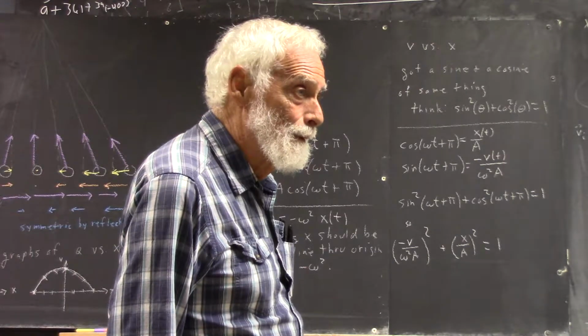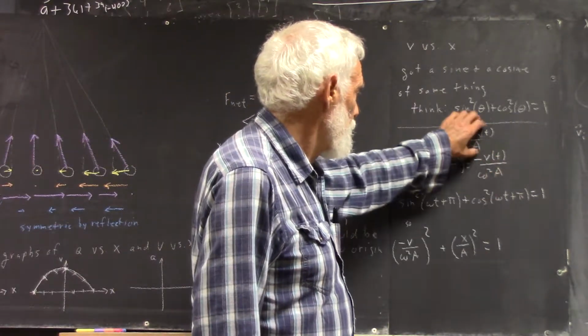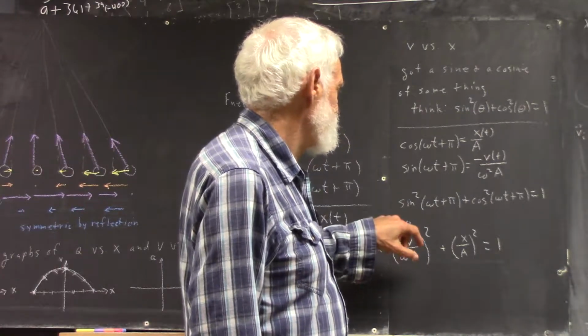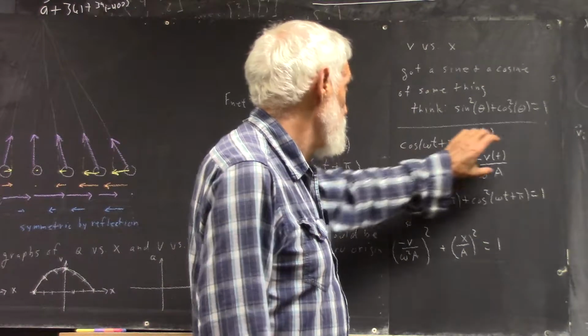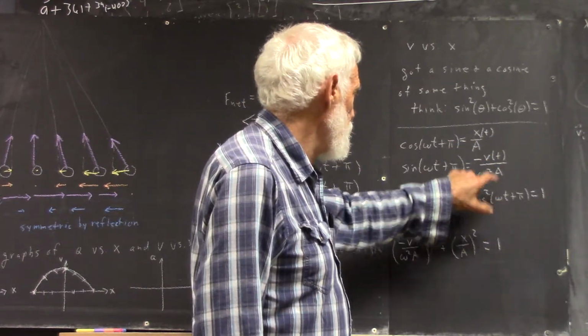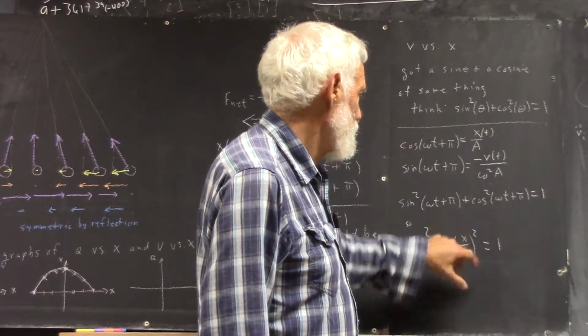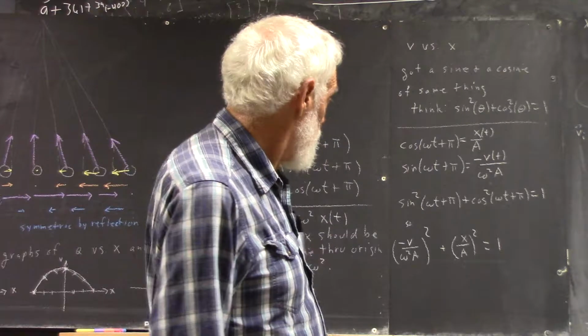Okay? In other words, this is equal to this. Well, this is equal to this, and this is equal to this, so this is the square of this. There it is. And this is the square of this. There it is. Okay? I'm still not sure I pointed right.